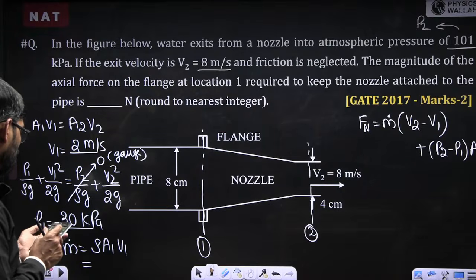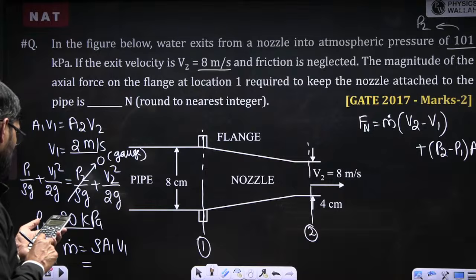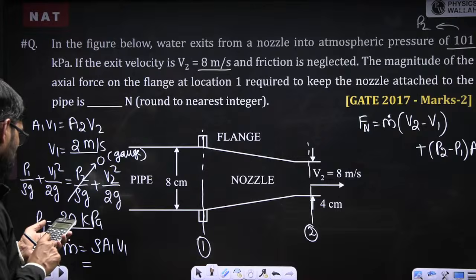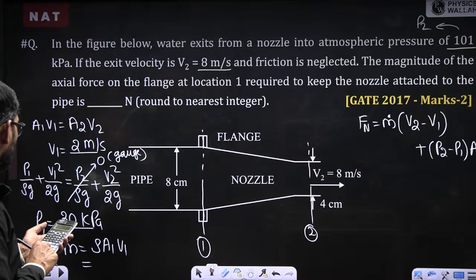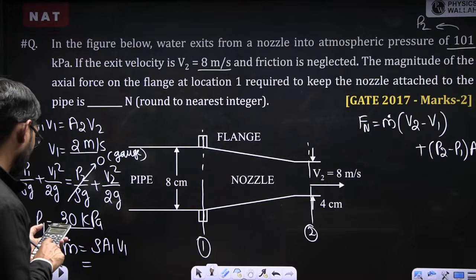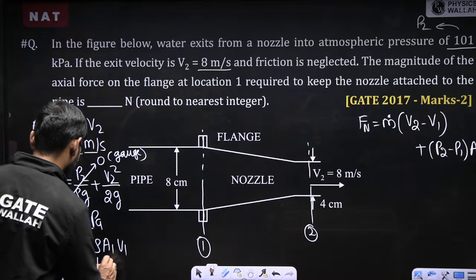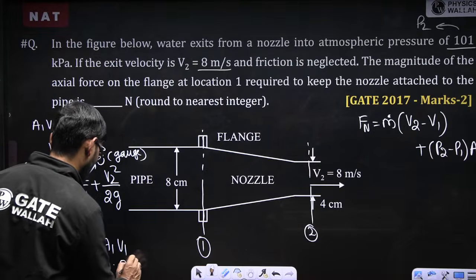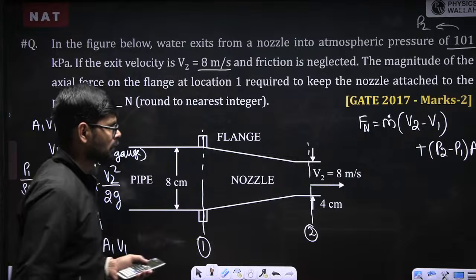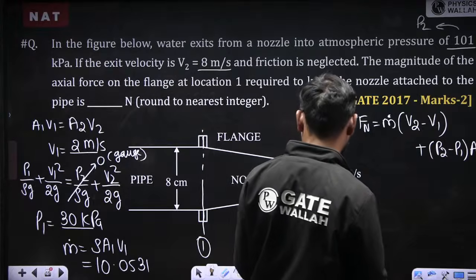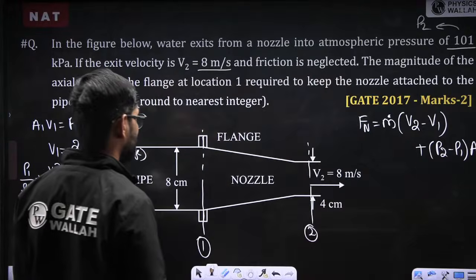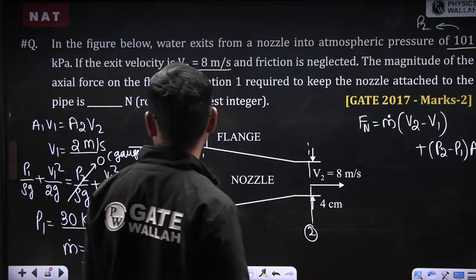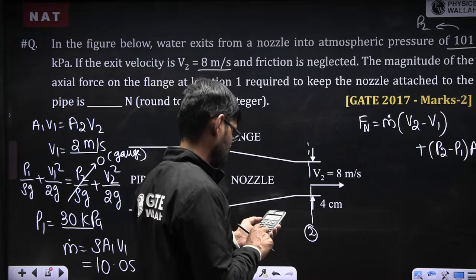So A value into 1000 into 2. So this value will come 10.0531. So this value will be multiplied by V2 minus V1, 8 minus 2, that is 6.